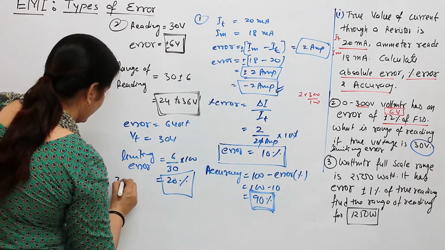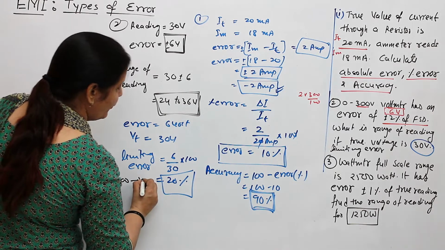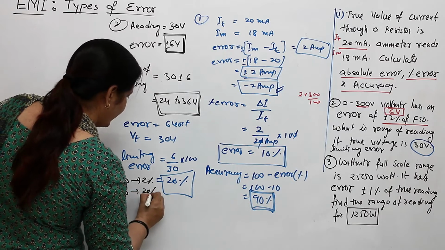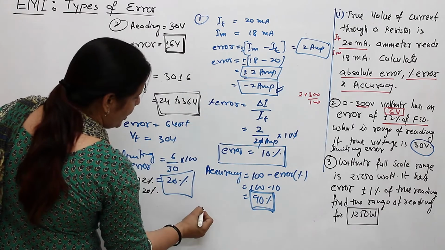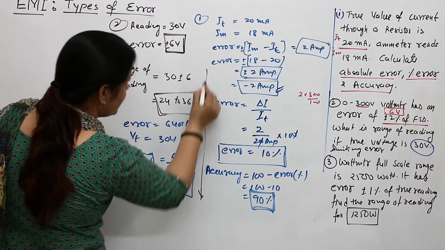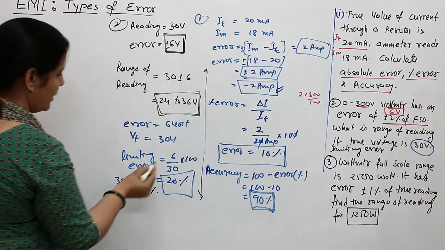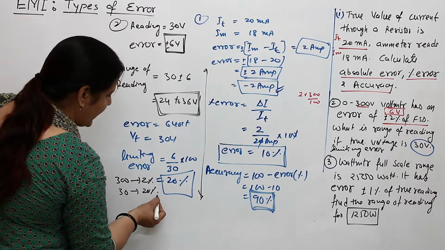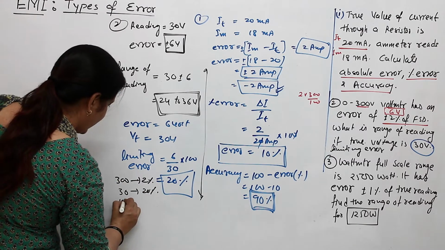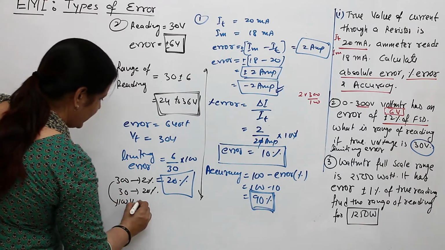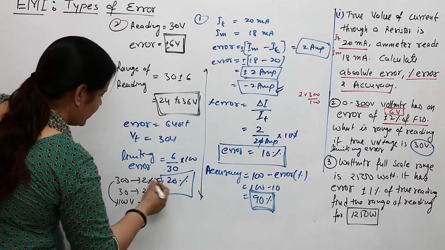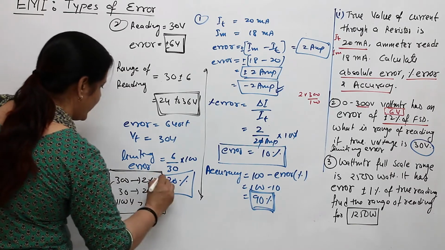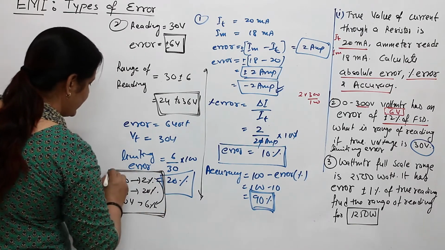If at 300 volt it gives an error of 2%, then at 30 volt it will give 20%. You can directly calculate: if your reading is 10 times lower, your error will be 10 times higher. If it reads at 1/3, the error will be 3 times, 6%. Please note down this smart trick to score high and attempt at a speedy manner.